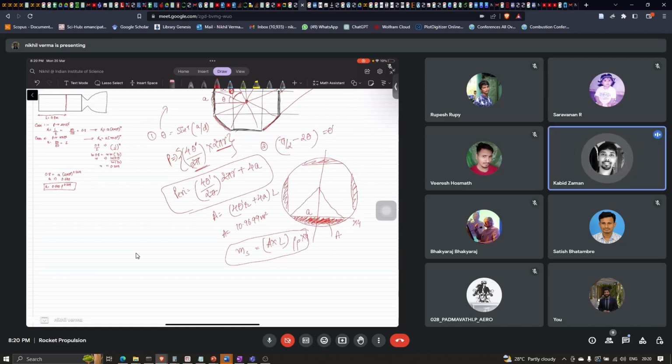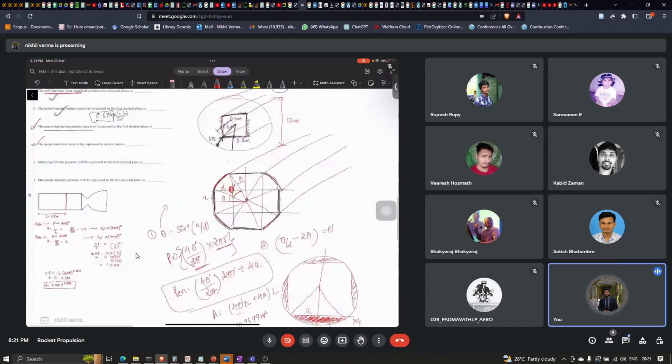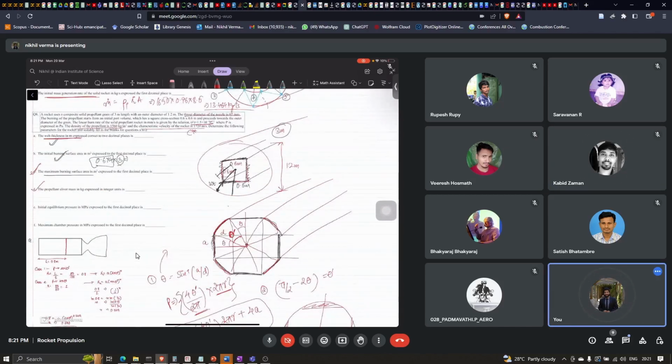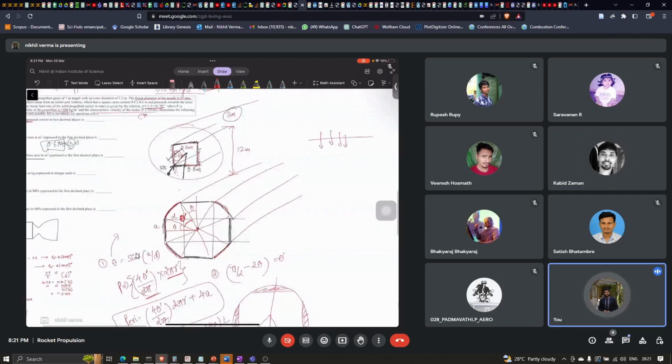In the previous question for maximum burning surface area, how have we calculated the small a? Small a will be equal to this a, this 0.6. So it will proceed in linear direction, right? The surface always propagates normal to itself, right? Only the corners will become semicircle.